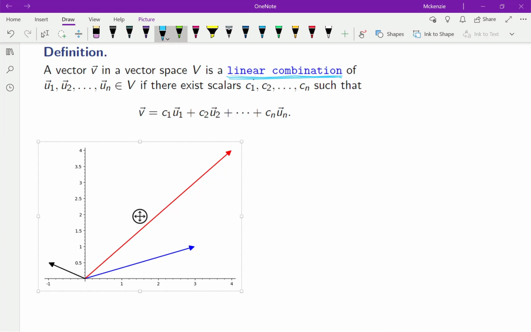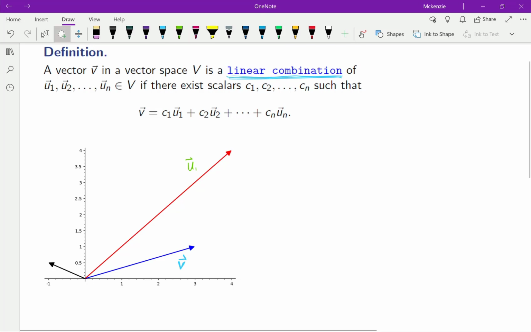Alright, so let's go ahead and take a look at this picture I have here. So I'm going to label these vectors. Let's say this bottom blue one we'll call V. And then let's have this red one be our U1. And the black one sticking out the back will be our U2. Alright, so our question is, is it possible to get to V by going along U1 and then going along U2 some amount?